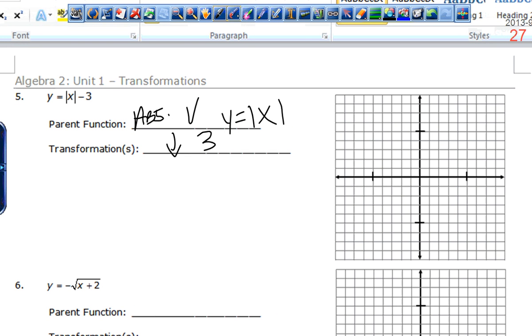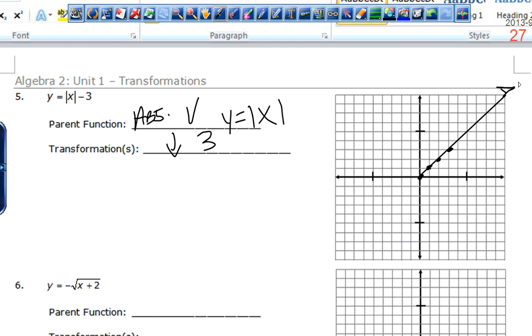So absolute value of 0 is 0. What does absolute value do? Keeps it positive. Right? So absolute value of 1 is 1, absolute value of 2 is 2, absolute value of 3 is 3. So that just kind of looks like the linear parent function there. What about my other side though?